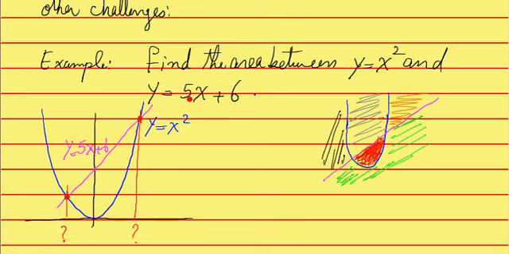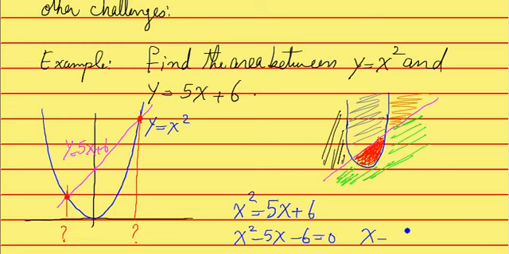So the way you find it is to say that if they're meeting each other, the y's have to be the same, and so x squared becomes equal to 5x plus 6. If the two curves meet, it means the values of the y's are the same, and therefore you can equate the two sides and go ahead and solve this. Well, this turns out to be a simple quadratic equation.